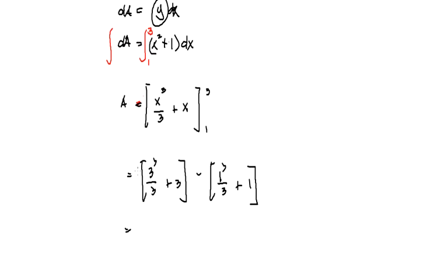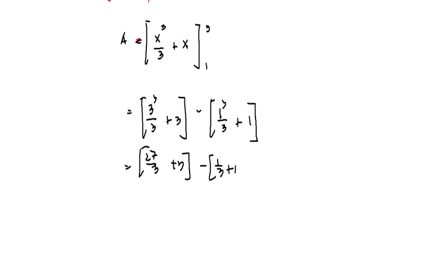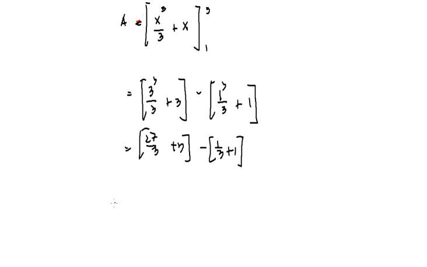And then plugging in all these numbers, we have 27 divided by 3 plus 3, minus 1/3 plus 1. Then 27 divided by 3 is 9, plus 3. We have 12 minus 1/3 plus 1.